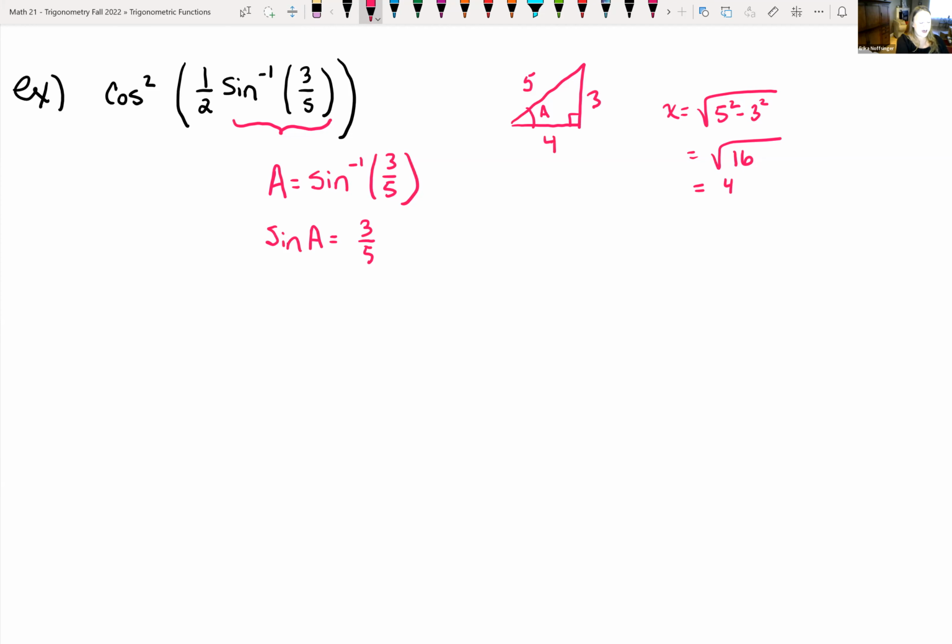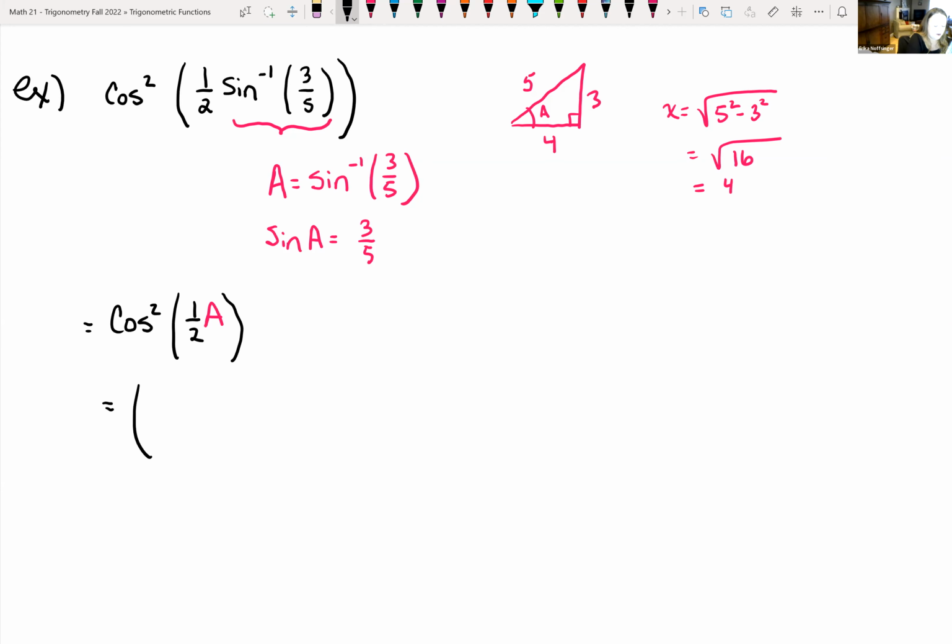So now let's go back and rewrite what we have. So we have cosine squared of 1/2 sine inverse of 3/5, but we let sine inverse of 3/5 be A. This cosine squared of this angle, we can rewrite it if it helps you.